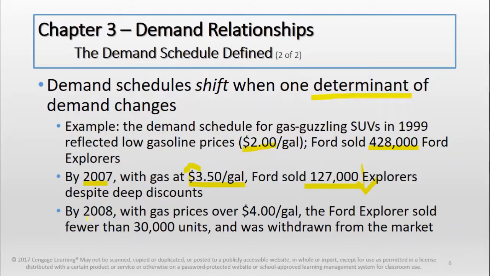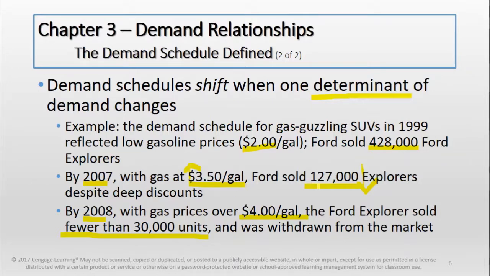By 2008, there was another increase, which resulted in Ford selling fewer than 30,000 units. So as you can see, the increase in gasoline prices affected the number of units sold by Ford.